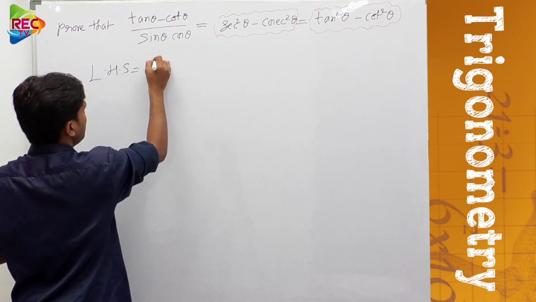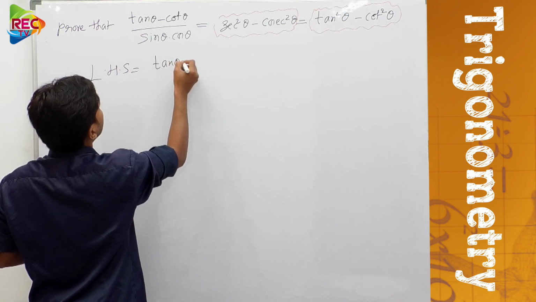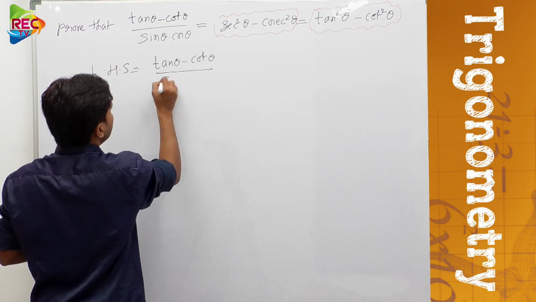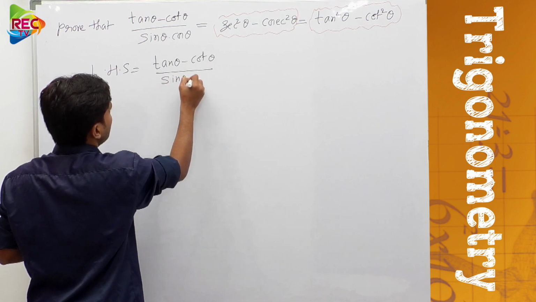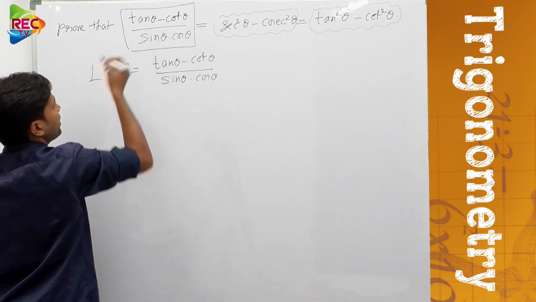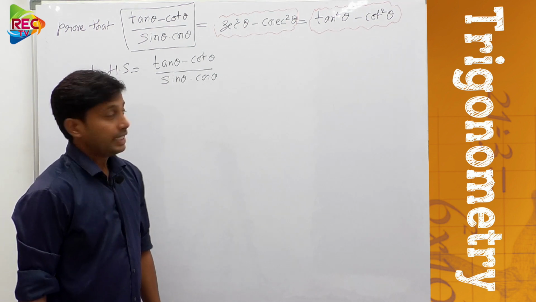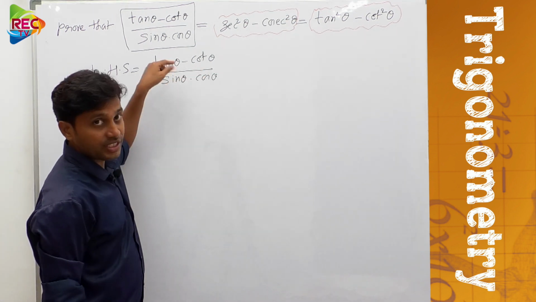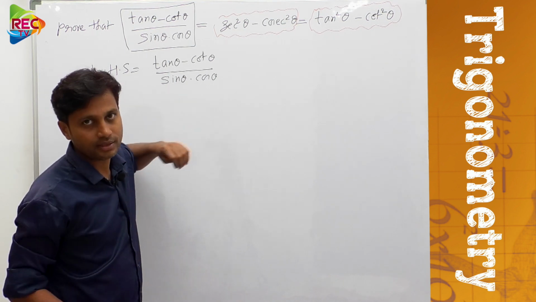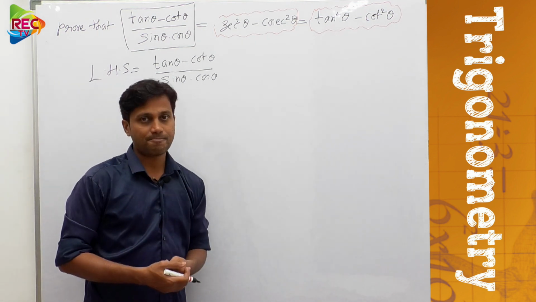LHS, which is tan theta minus cot theta by sin theta into cos theta, as given in the LHS part. Now for our convenience, change all the expressions in the numerator and denominator into sin thetas and cos thetas, so that it can be solved easily.